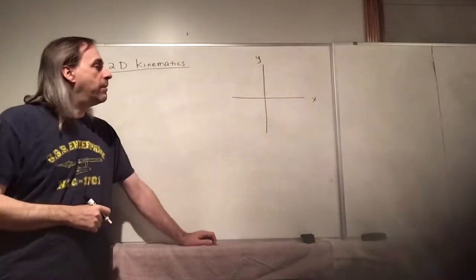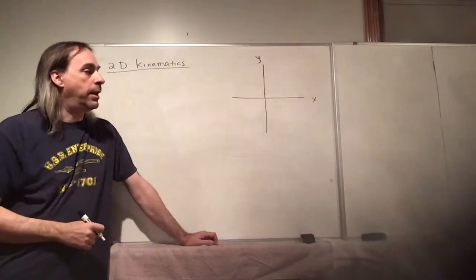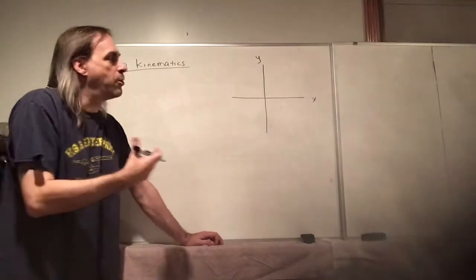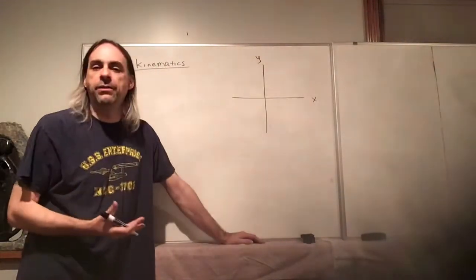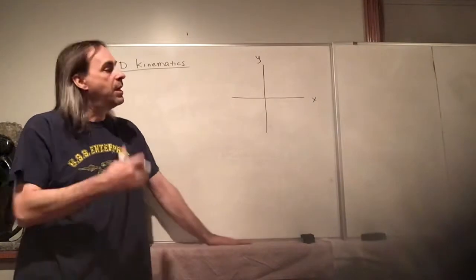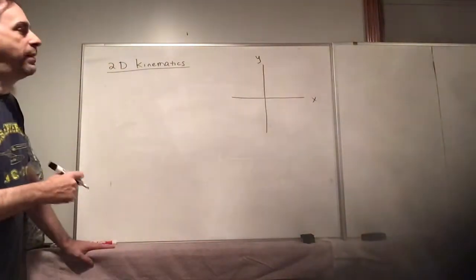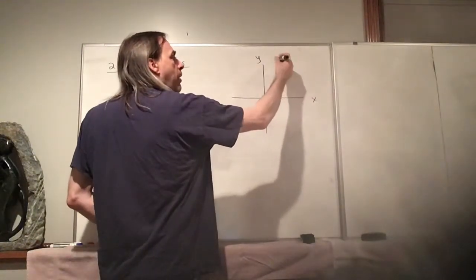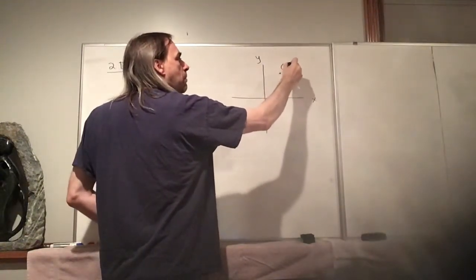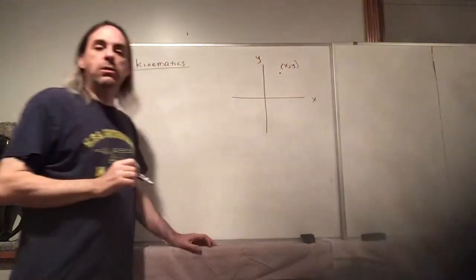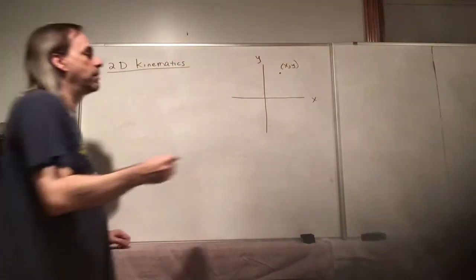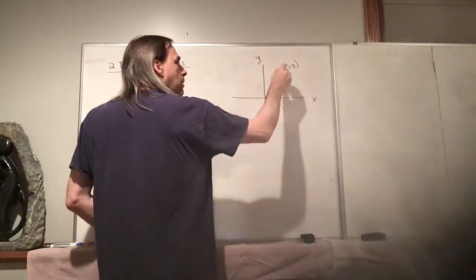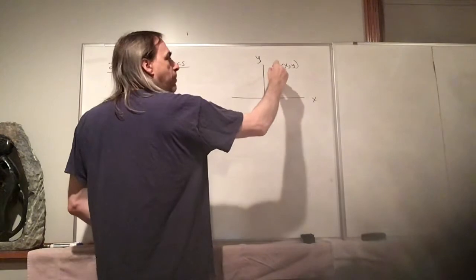So let's say we have a point, like this object can move in this plane. What we're doing, generalized, is very easy to 3 dimensions, but we're going to stick to 2. So we can identify the location of a particle, say it exists at some point, with coordinates x, y. So we define a position vector, which goes from the origin to that point.